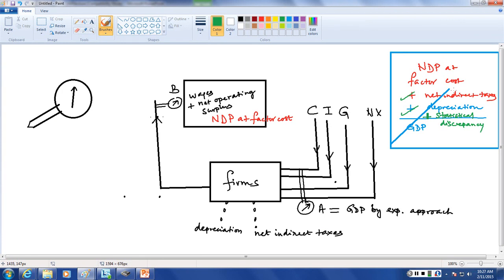However, we need to take into account the fact that there might be a small statistical discrepancy between those two methods. Statistical discrepancy is simply an accounting device that is added on to your gauge reading B adjusted upward, in order to ensure that you get the same answer as you got by the expenditure method. Yes?